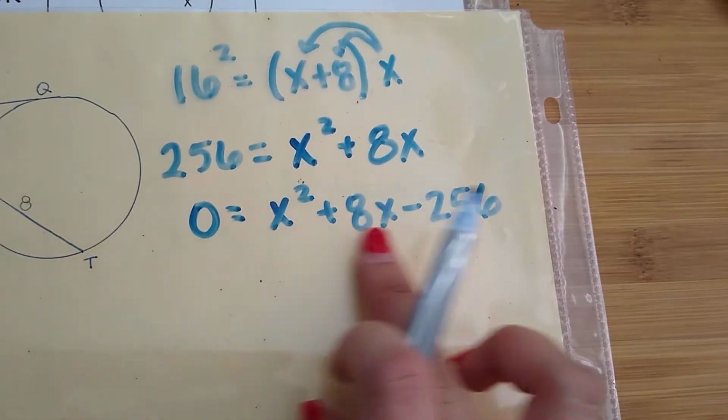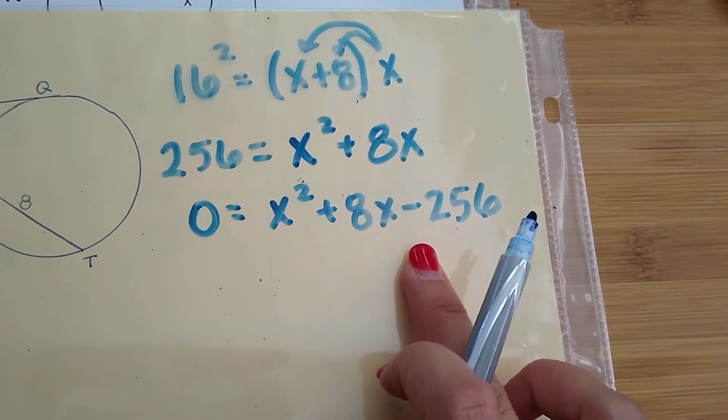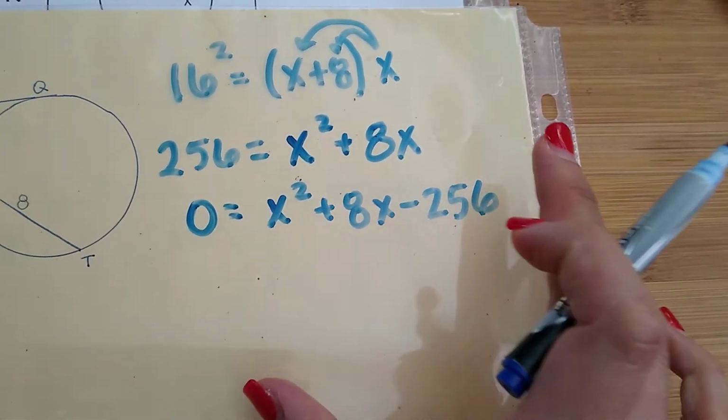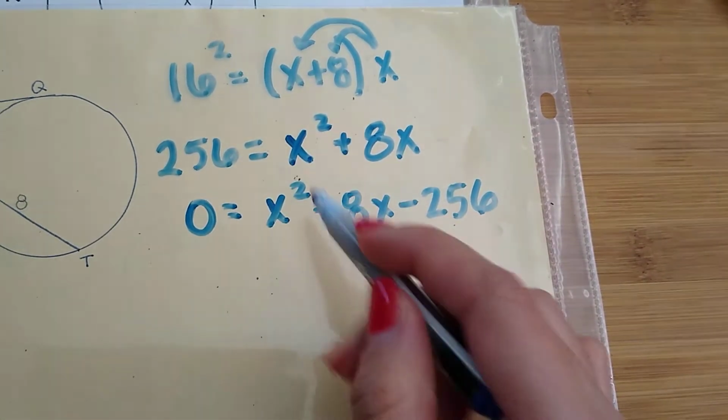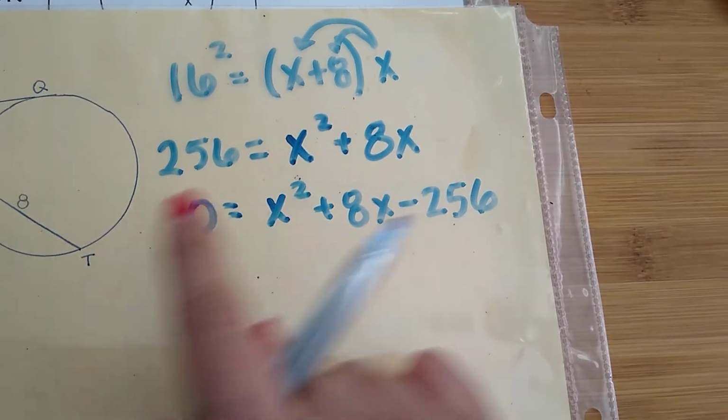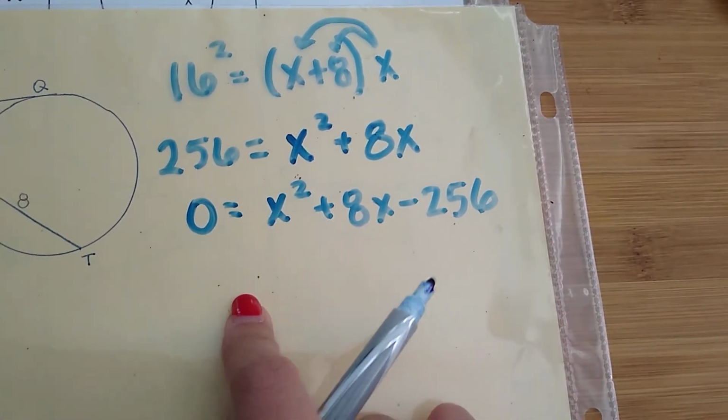Now, this is not going to give me perfect zeros or x values. So I'm going to have to resort back to my quadratic formula.